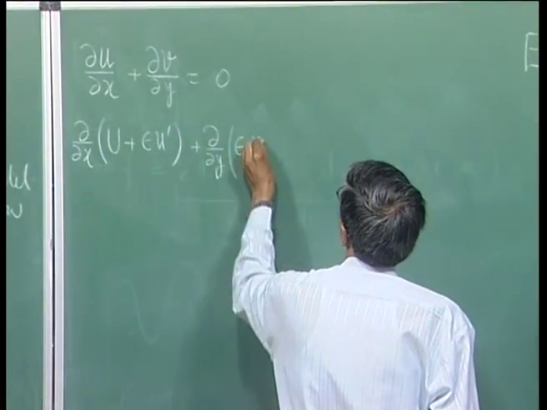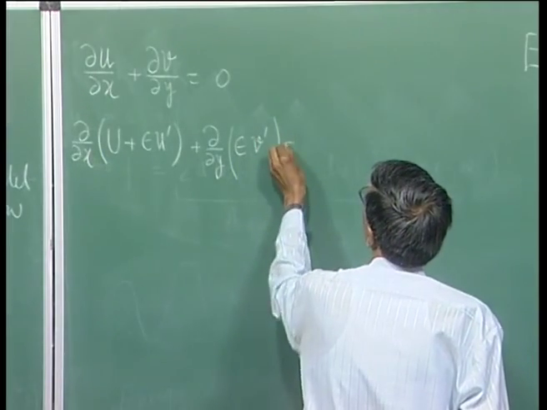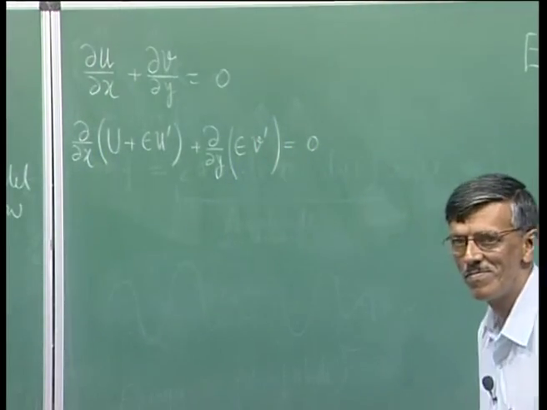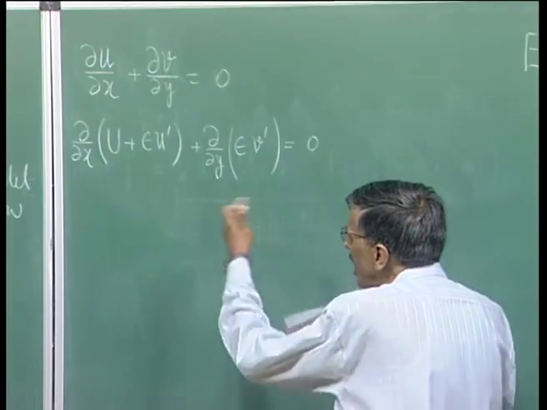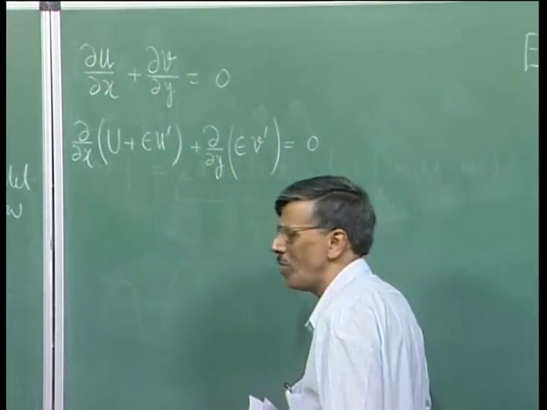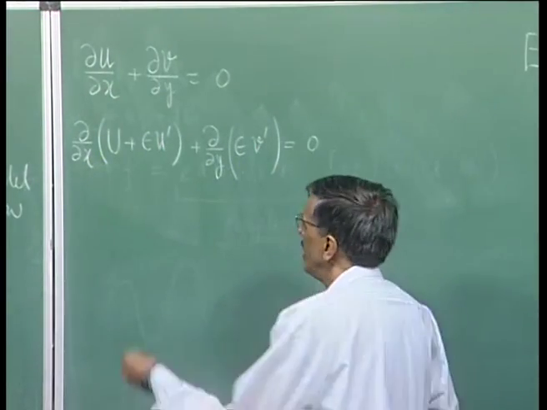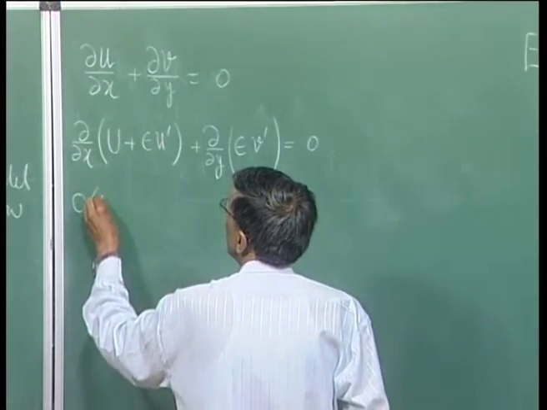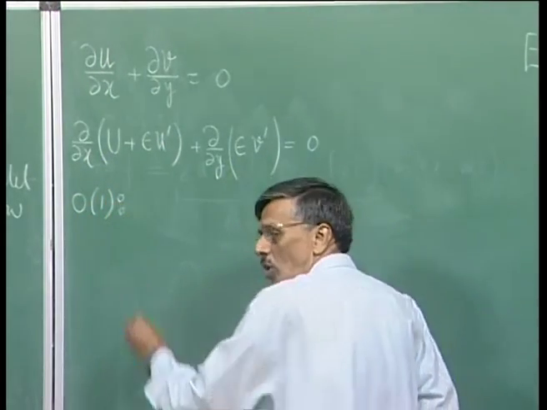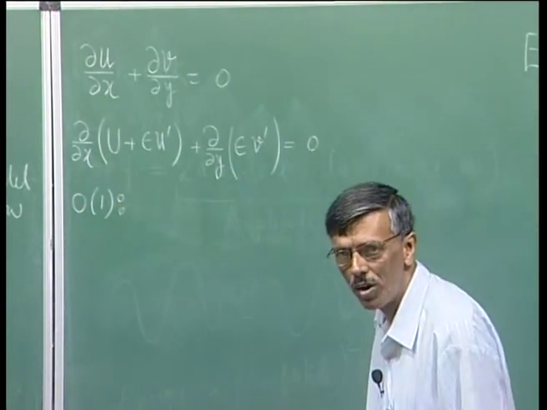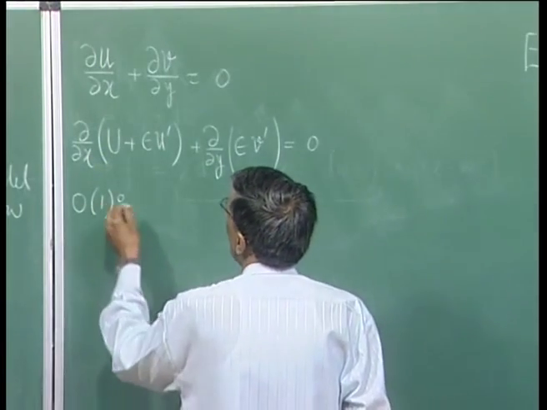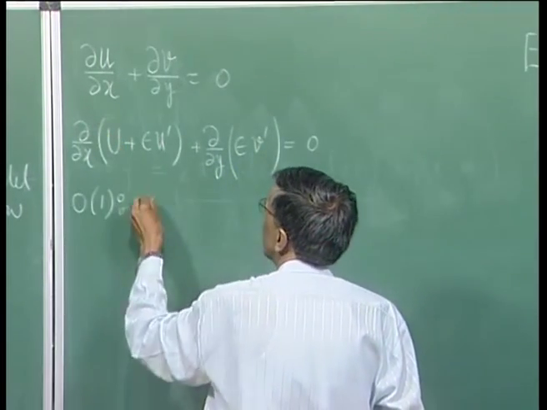Then we have this. And you can see the usual formal way of doing perturbation series is you write down the order 1 quantities and order epsilon quantities. What is the order 1 quantity? It's only here.